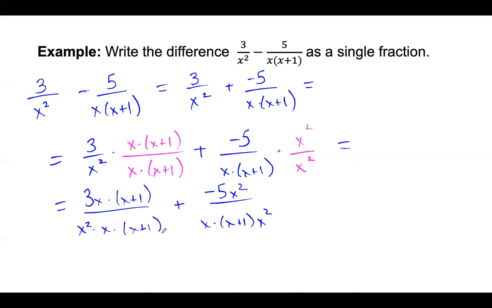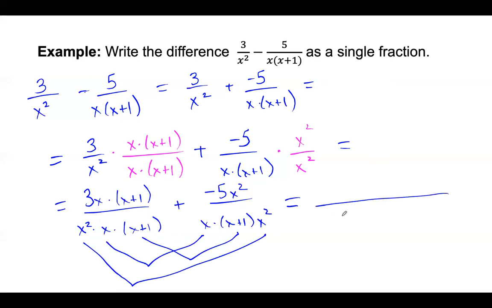And we see that these are the same. The x plus 1 and the x plus 1, x here and x here, x squared here, and x squared here. So then, since it has the same denominator, we can put it all over that and add the numerators.